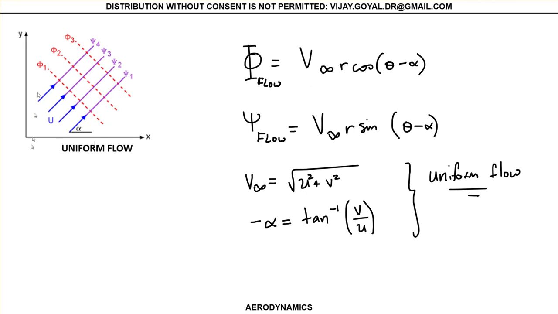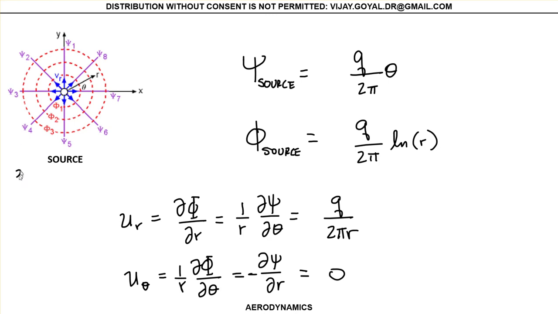This is number one. Number two, we have the source. Now we did the source in 3D. Let's suppose we got a source in 2D. Now this is completely radial. So that's why your stream functions go along the radial axis, and your potential functions go in the circular, they're concentric.